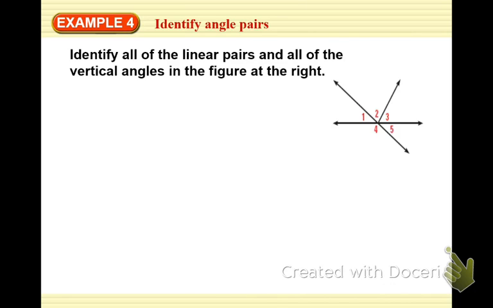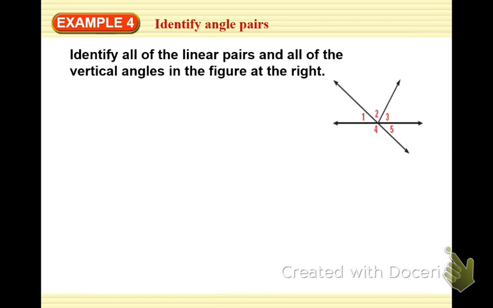Linear pairs. Everybody find a pair? Shout them out. Say it again. 1, 2, and 4. Well, they're pairs, so that suggests we need just 2.